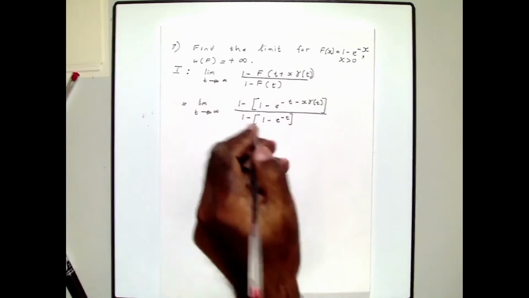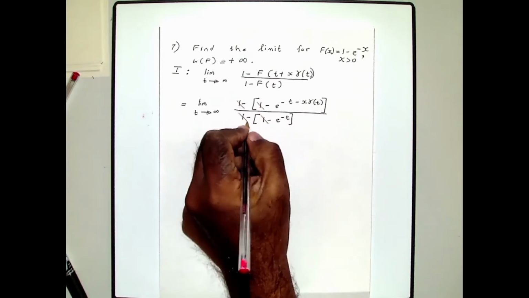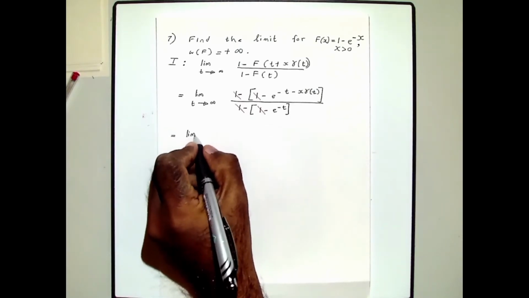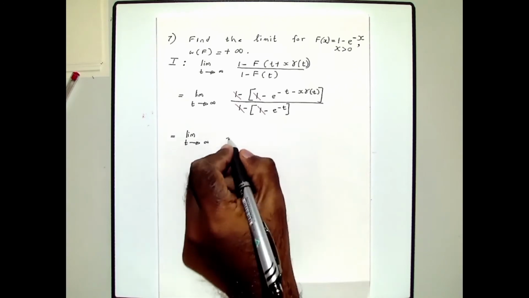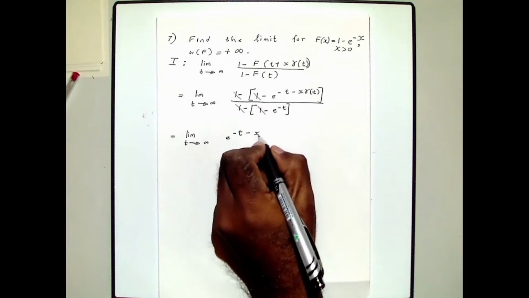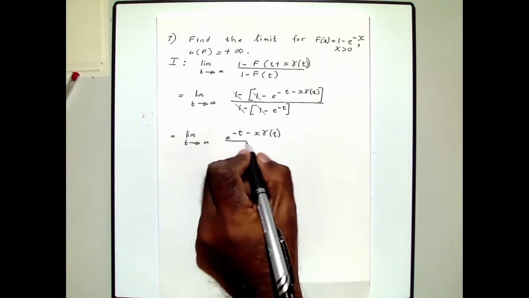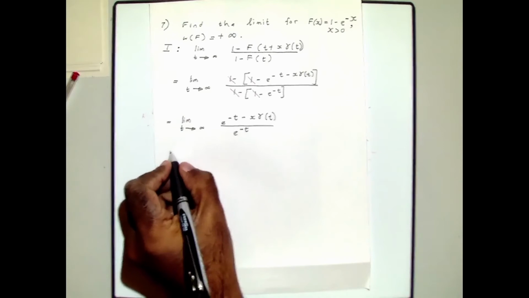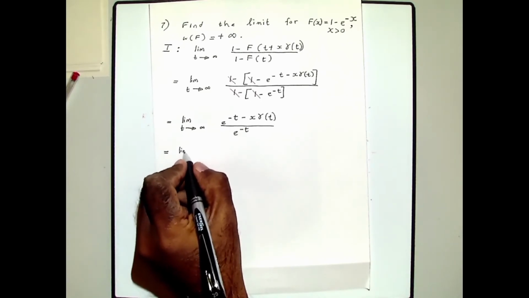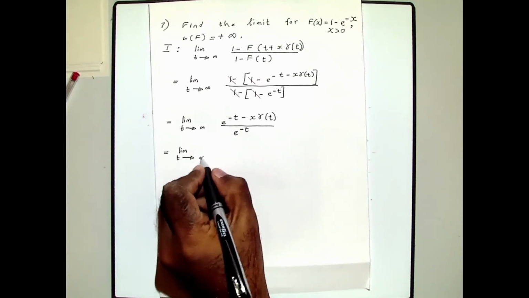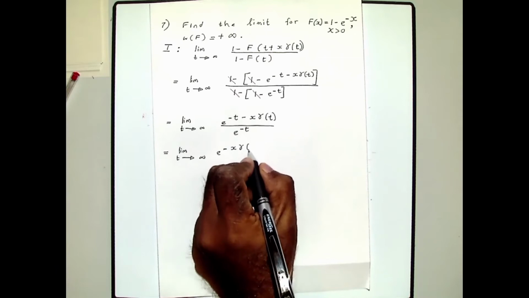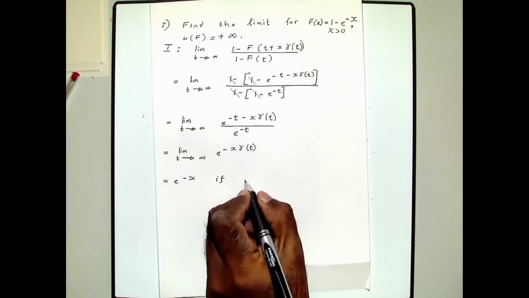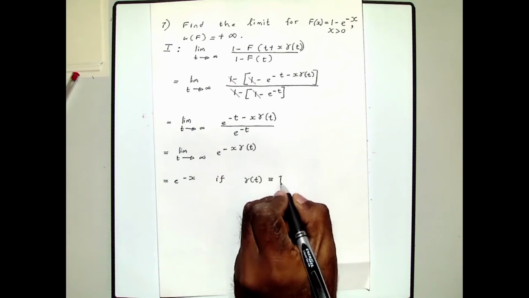All right, the ones cancel out. Okay. So what you have is the limit as t goes to infinity of... these two cancel out, so you get this equal to the limit... and this is equal to e to the minus x if we take the gamma t function to be identically equal to 1.